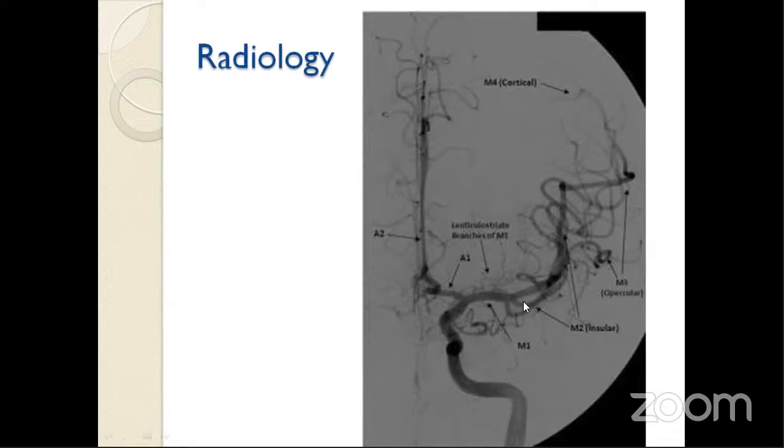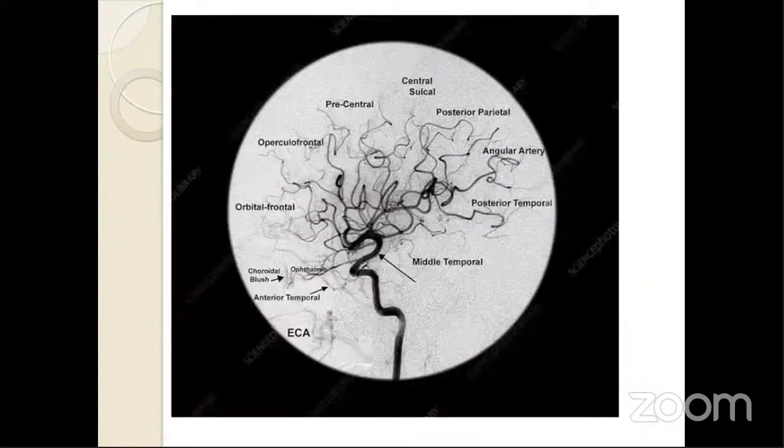Then the M2 segment from the genu till the circular sulcus, also known as the insular segment. Then the opercular segment, or the M3 segment, starts from the circular sulcus and goes till the surface of the Sylvian fissure. And then on the cortical surface, we have the M4 segment, which is also known as the cortical segment of the middle cerebral artery.